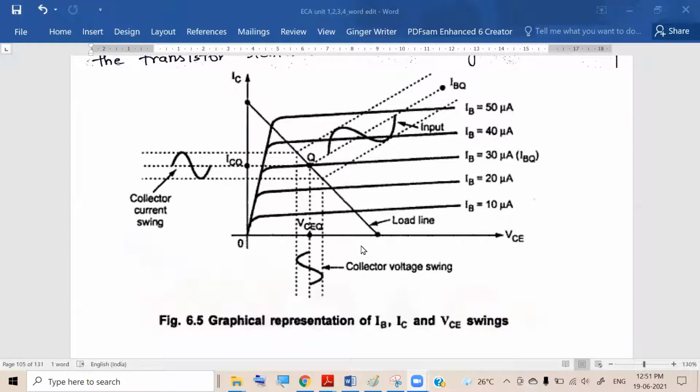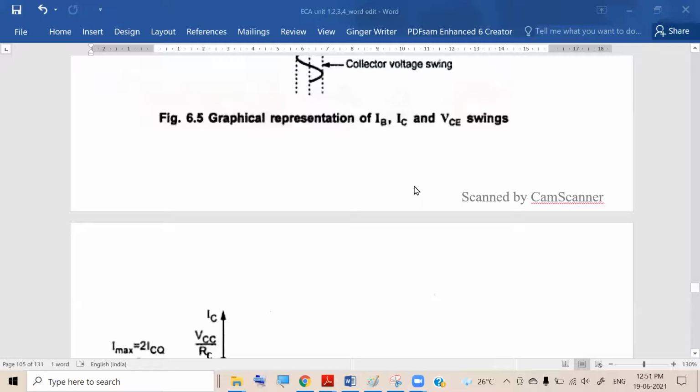Practically, it is slightly less than that. So here to here, the maximum value corresponding to IC will be from here to here, and the maximum VCE swing we can have will be from here to here. So that is what we are now going to consider.